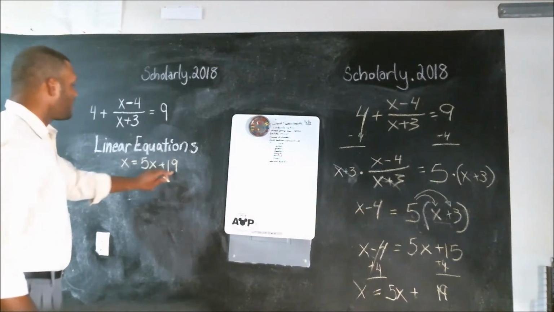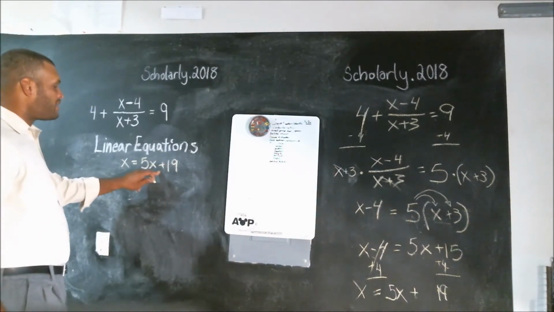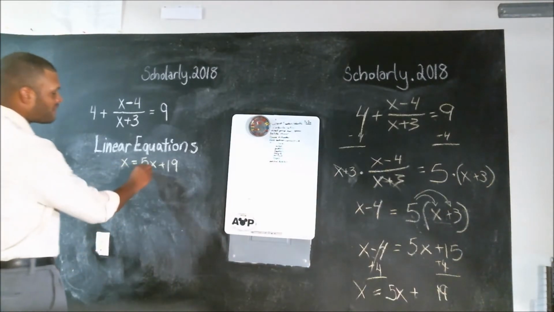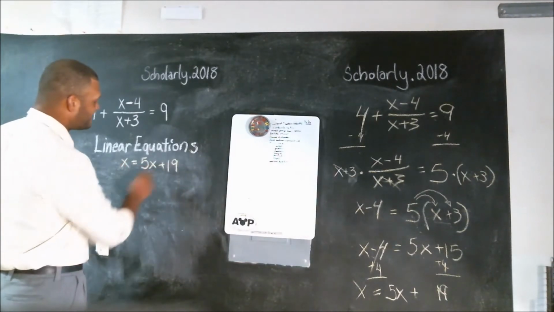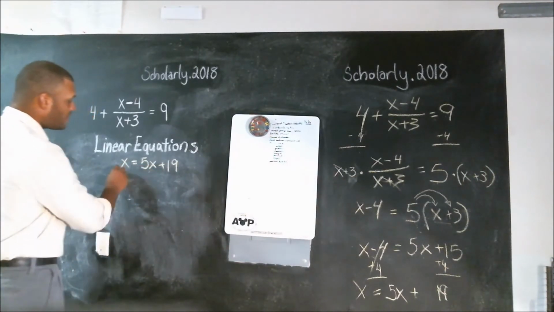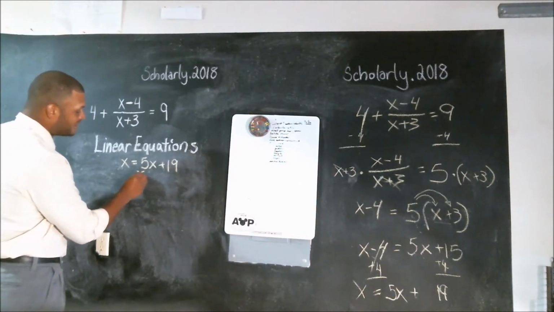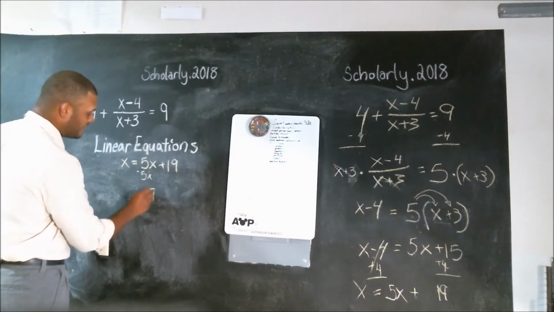Once again, what we've got here is this expression on this side, and our x is isolated, but we still have an x over here. What we want to do is get this x out of here and just isolate the x and the constant on either side of the equation. So what we'll do here is subtract this 5x from this side. That'll leave us with a 19 on this side.